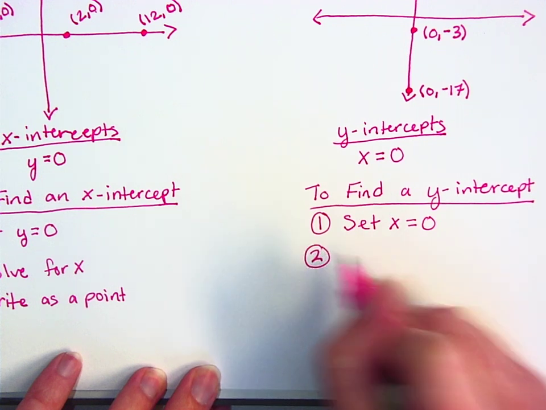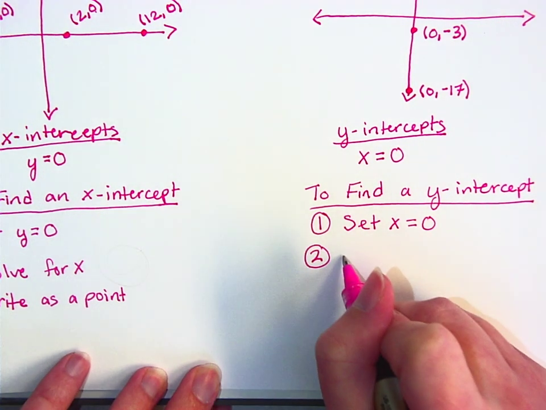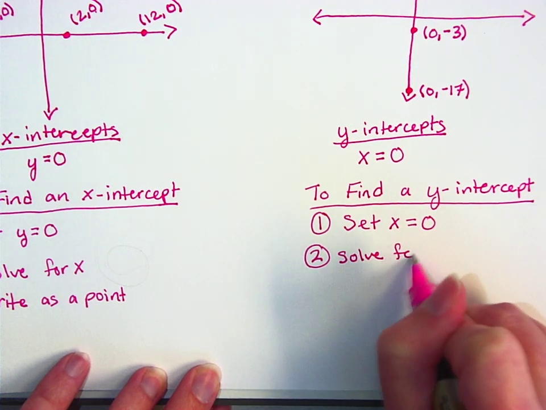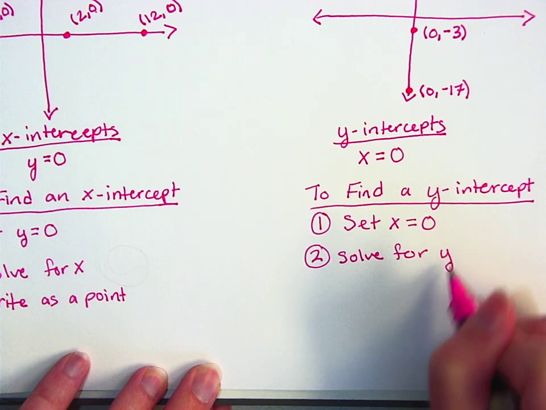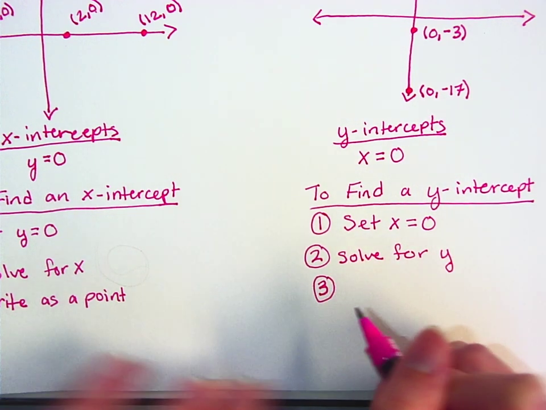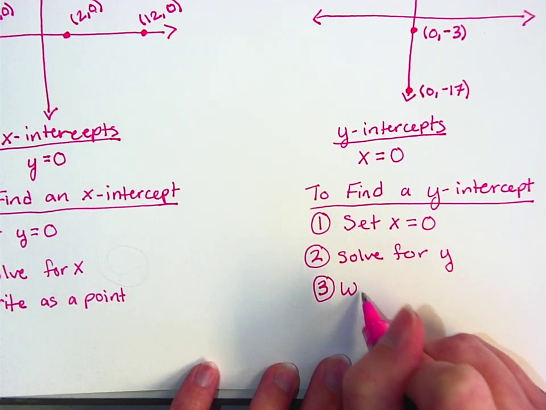The second step will be to solve for y. Our final step will be the same as the x-intercept. We're going to write it as a point.